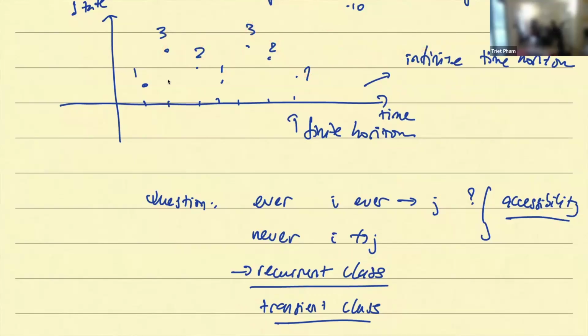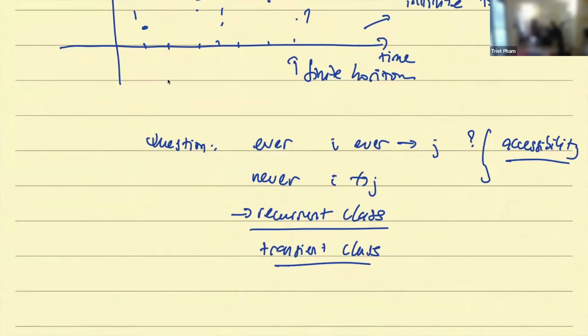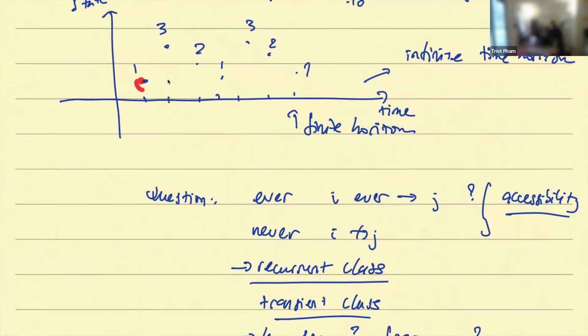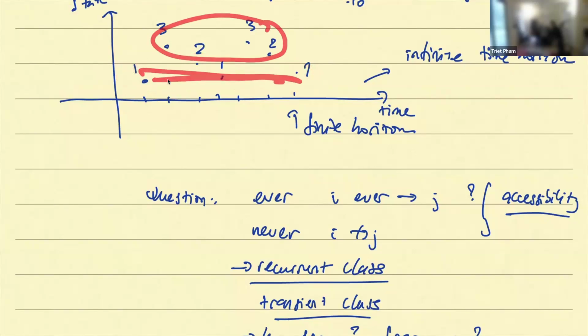But among the recurrent class, suppose you keep revisiting, the next question is how often? Or the word frequency would be another word. For example, let's say the picture I drew here, you visited once in 3 times, I don't know, in 9 steps, let's say, or 7 steps, so the ratio seems like 3/7.